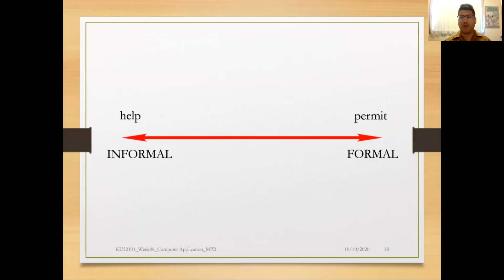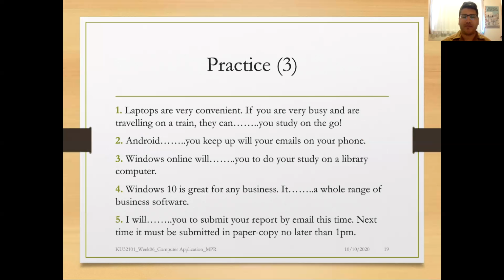So I might use the word permit if I'm talking to my boss at work. Allow is between formal and informal, so we can use allow in a formal or an informal setting. And let is a bit more formal than help. And enable is a bit less formal than permit.